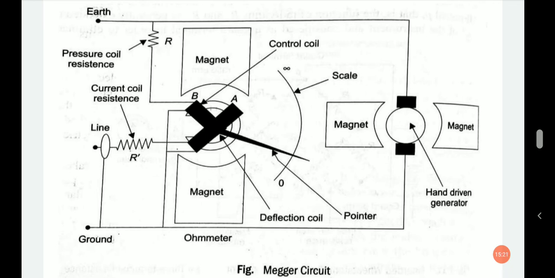The major elements of the circuit are an ohm meter and a hand driven DC generator.